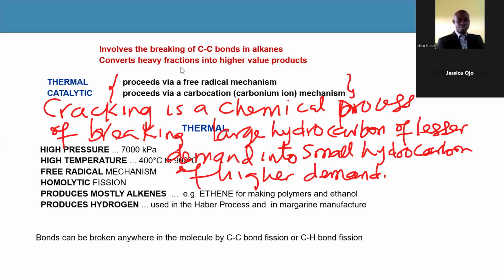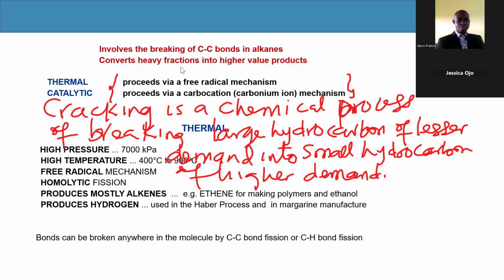That's when you will need it, but not under cracking. Nobody will ask you to talk about the mechanism of cracking. It's not in your syllabus. But when you get to haloalkane, the mechanism of reaction involves forming of carbocation, and so on and so forth. Then you can talk about that one.